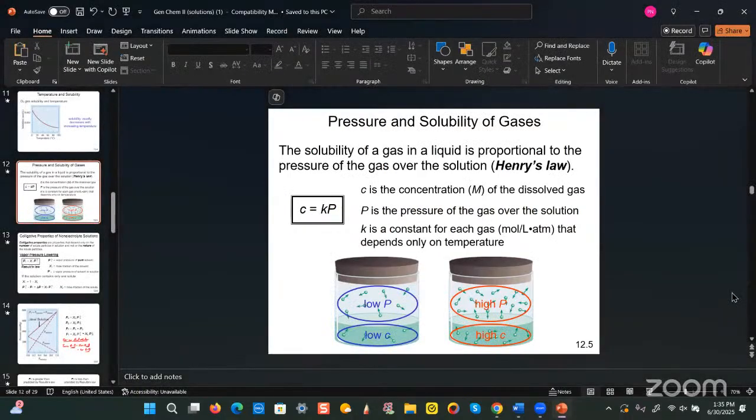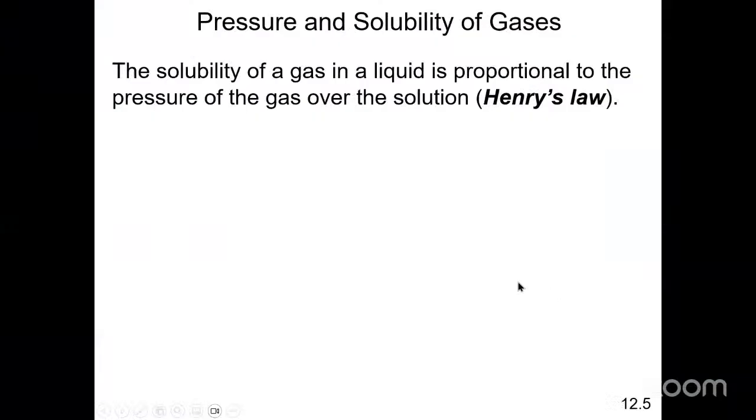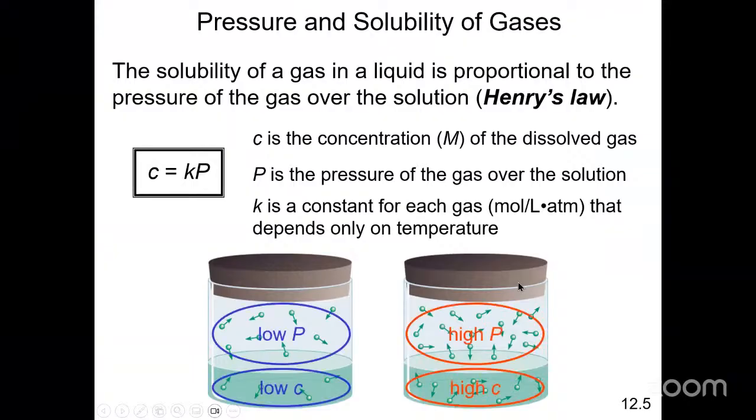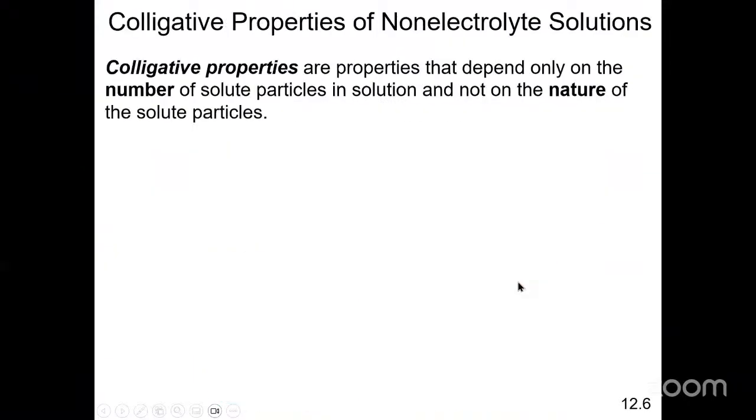Let's talk about colligative properties, and we're going to talk about the colligative properties of non-electrolyte solutions. I'm quite sure you know the difference between electrolytes and non-electrolytes. Electrolytes are basically ionic compounds, which when added to water dissociate to form ions, and they can conduct electricity and so on.